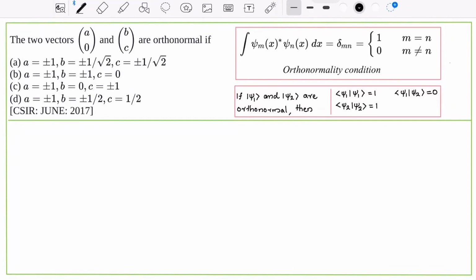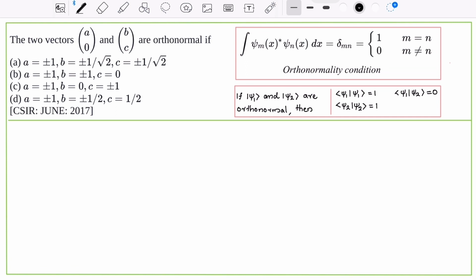Problem 100, Quantum Mechanics. The question is: two vectors, column matrix A0 and column matrix BC, are orthonormal if... The orthonormality condition is the integral of psi m star psi n dx equal to delta mn.